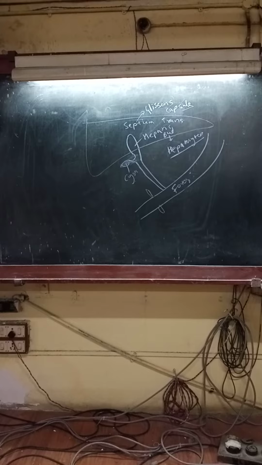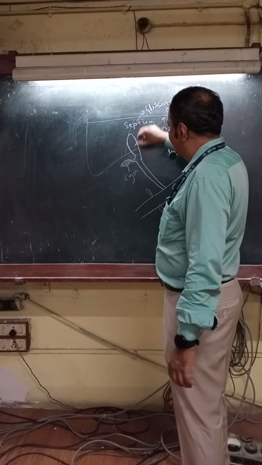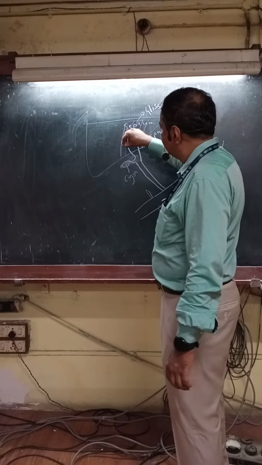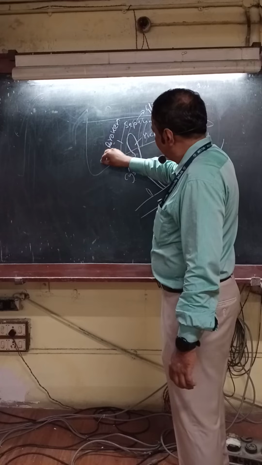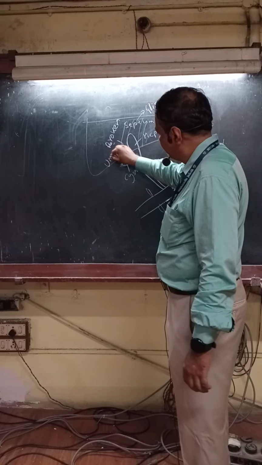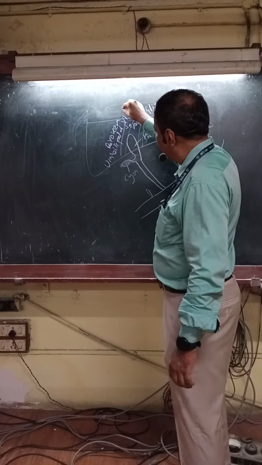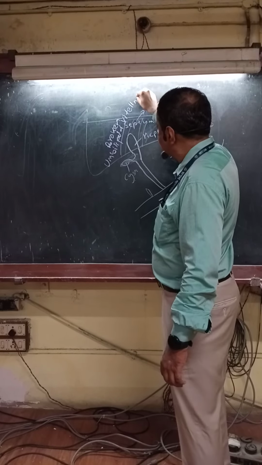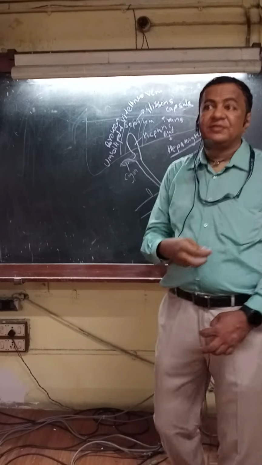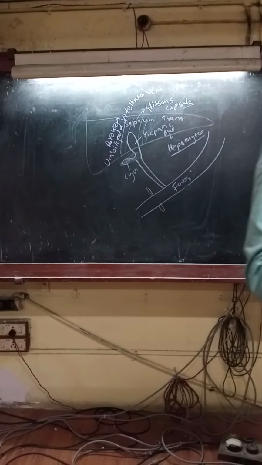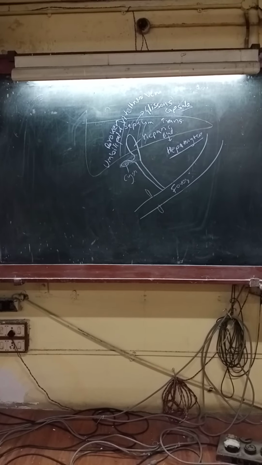And then there are some umbilical and vitelline veins passing through here. So these broken umbilical and vitelline veins give rise to the sinusoids of the liver along with the hepatocytes. So sinusoids.